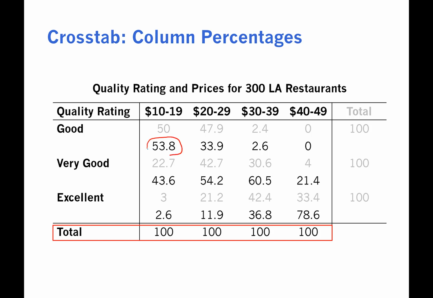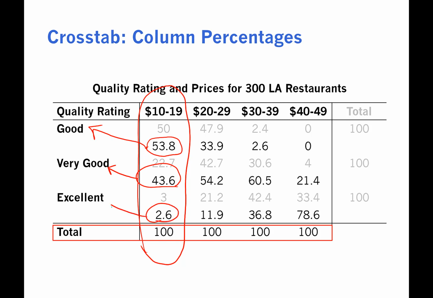The 53.8, for example, here means among restaurants in the price range of 10 to 19, 53.8% of them are rated good. 43.6% of them are very good, and only 2.6% of them are excellent.